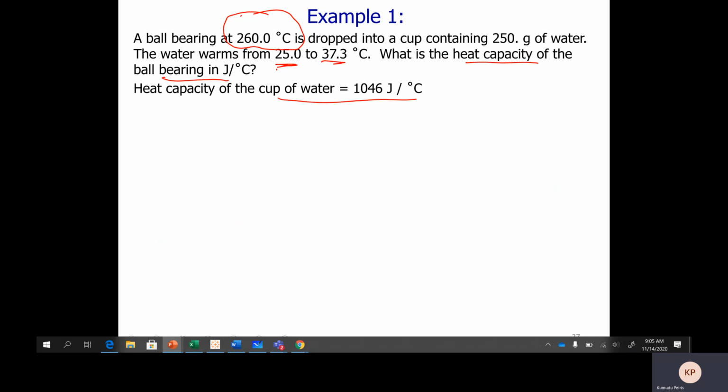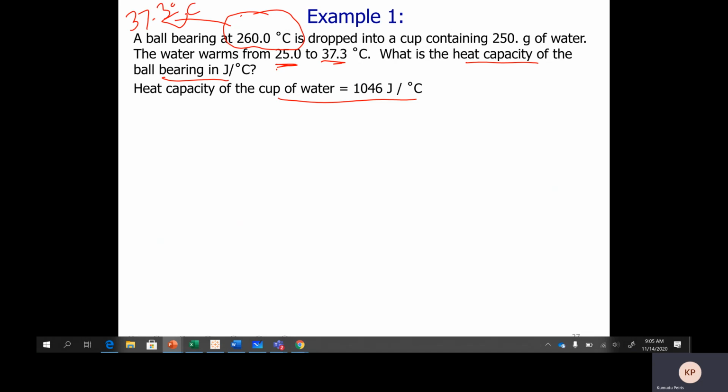Even though it is not mentioned directly in the question, we should assume the ball gets the same final temperature as the water, so it dropped to 37.3 degrees Celsius.